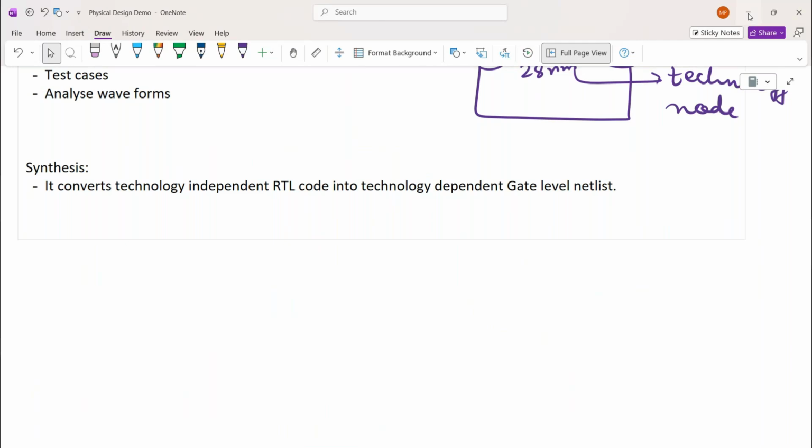Okay, let it be. I'll show you one. I have one diagram here.